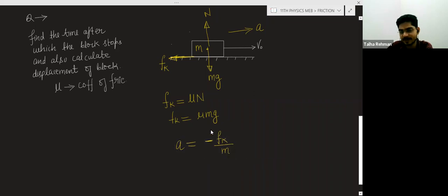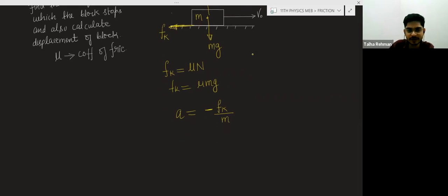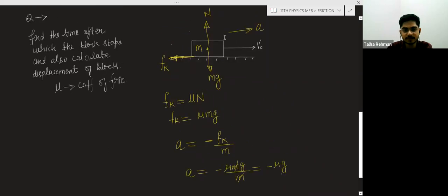I am taking the net force as negative because it acts in the opposite direction of acceleration. So what is Fk? This is minus mu mg divided by m. So m and m will be cancelled out, and the acceleration of this block will be minus mu g.